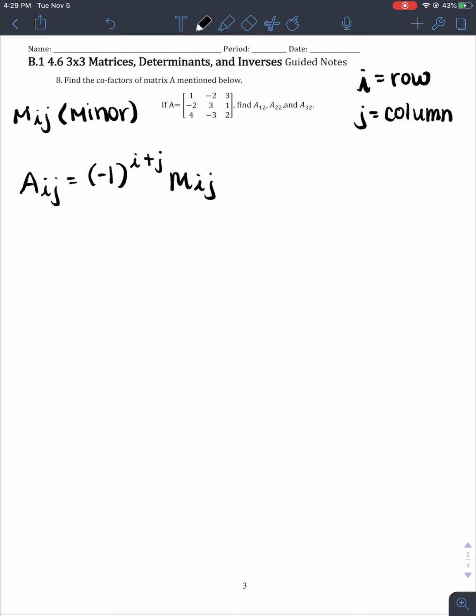Actually, you're going to find the determinant of that minor matrix, which is typically a 2 by 2. I won't give anything more. So this is how you find cofactors. That's your cofactor formula in a sense. There's not a ton of formulas. I'm using that loosely because it's not really a formula.